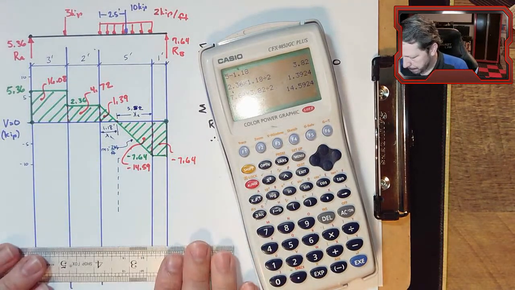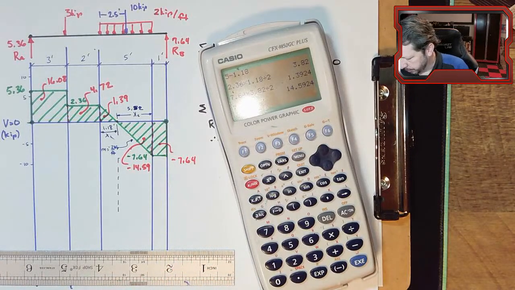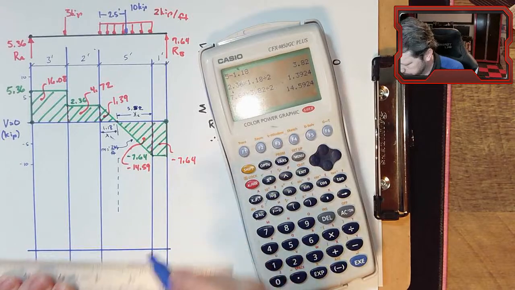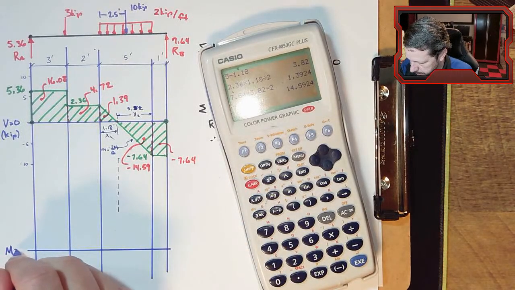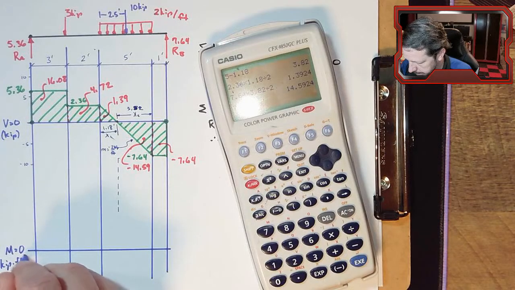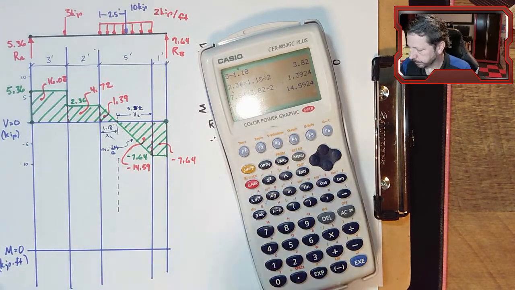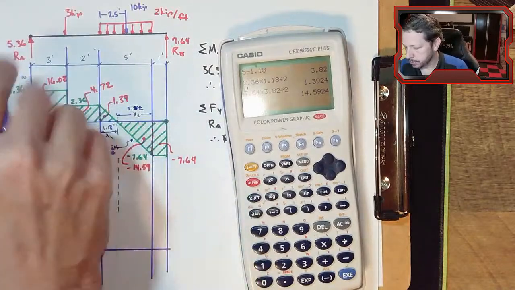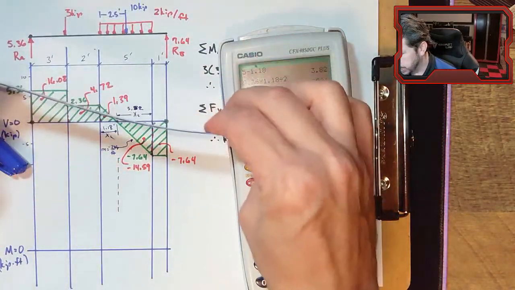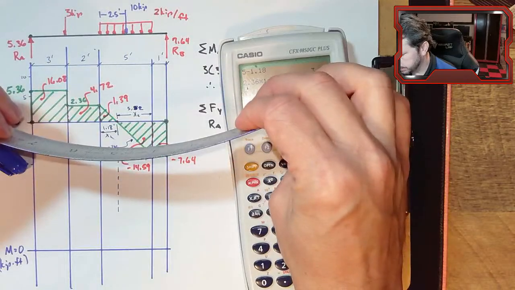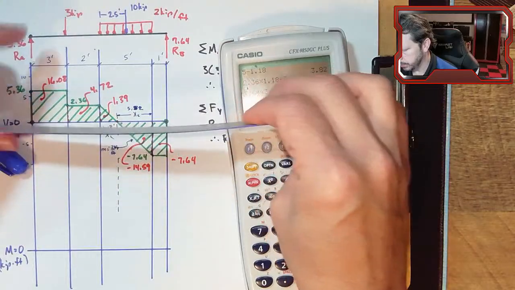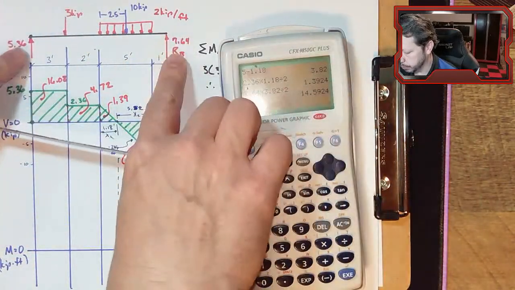I want to draw a reference axis for the bending moment. I want to put it way at the bottom because the way this beam is loaded, all the loads are pushing down, which is, I don't know exactly what shape, but it's going to be more or less bending with tension on the bottom, compression on the top of the beam with these loads on it and those supports.